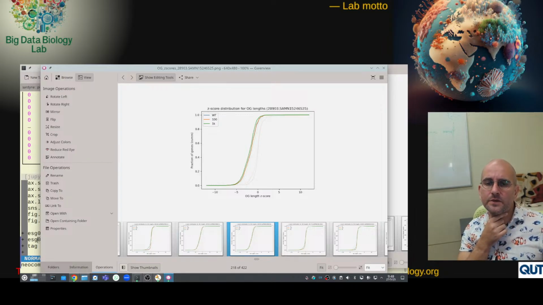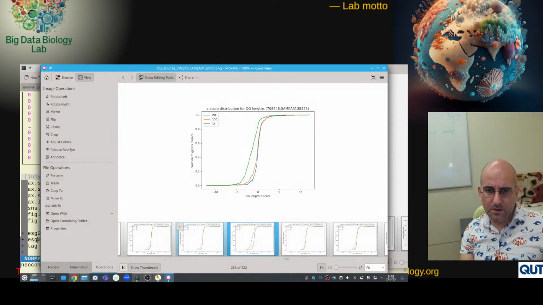You can see the whole curve is shifted. But alas, in this one, 708248, with 1,000 mutations, also the whole curve is shifted.